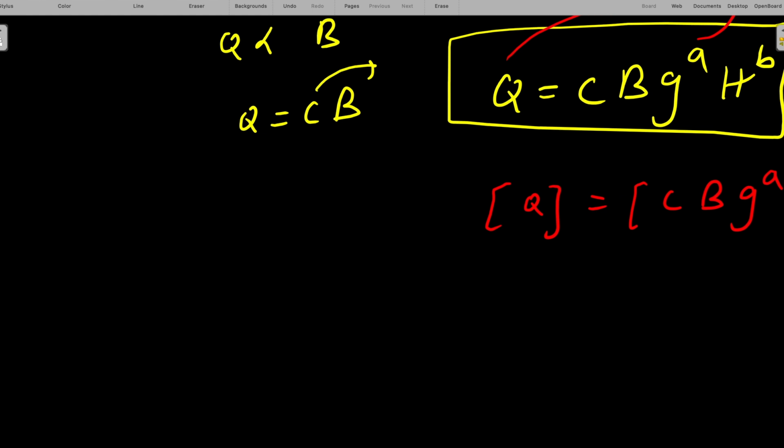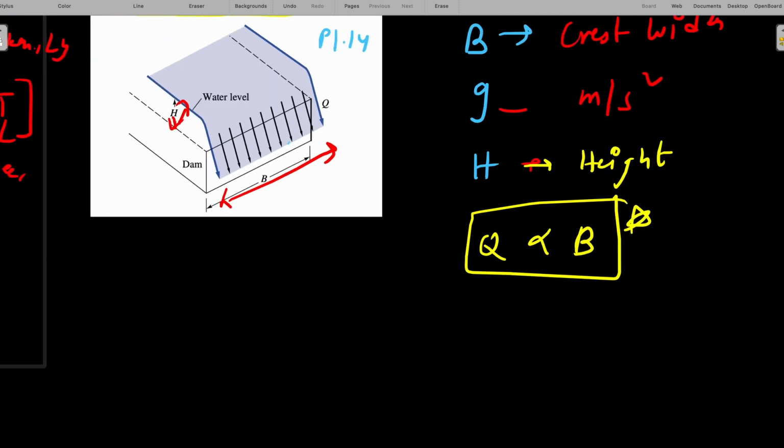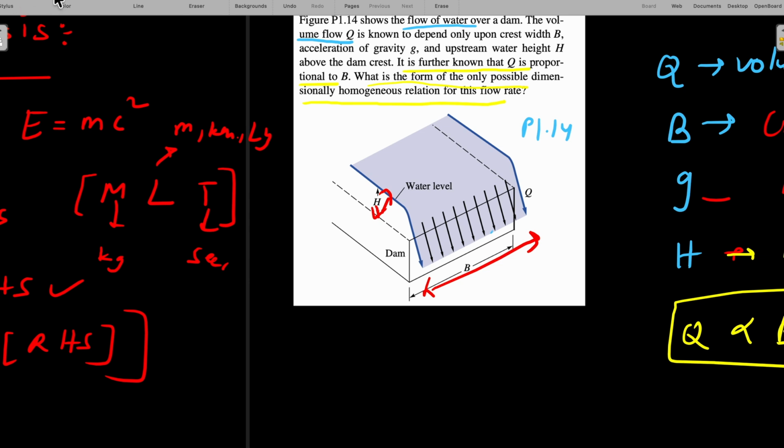That means I can write Q as volume by time. It's the amount of water flowing per second, right? It is the amount of water passing through this particular volume V, within this particular volume per second.